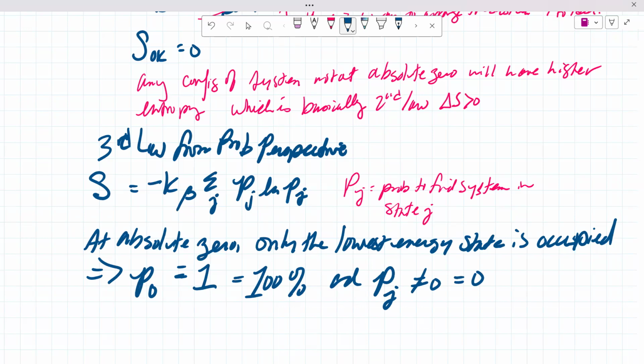So P_0 is 1, which is 100%, and any other choice has no options. That's what this says: they are all in the ground state.